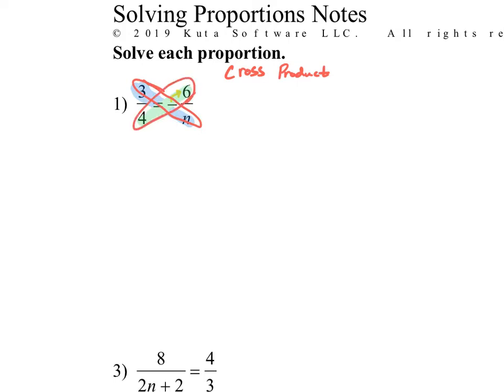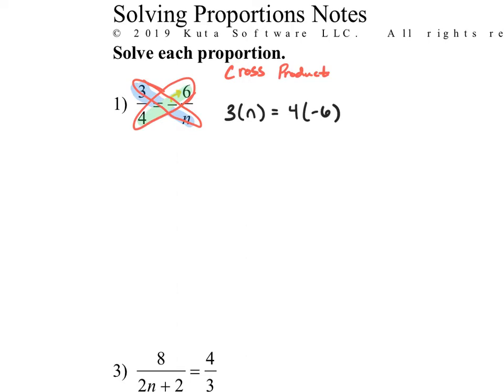I always take the top times the bottom of the opposite side, so that would give me 3 times n is equal to the bottom of the first one, which is 4, times the top of the second, which is negative 6. I generally follow that pattern because it makes it easier to follow and work out.